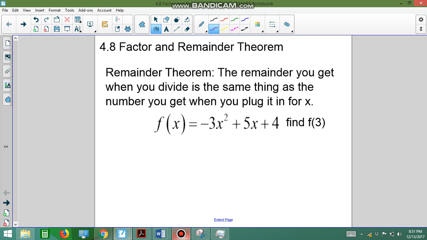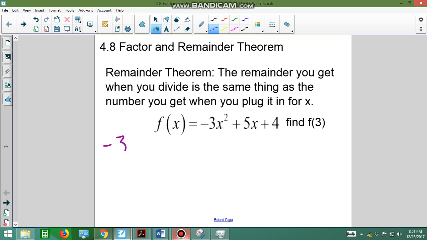So here we have f of x equals negative 3x squared plus 5x plus 4. And it says find f of 3. So before, we would take 3 and plug it in for x.